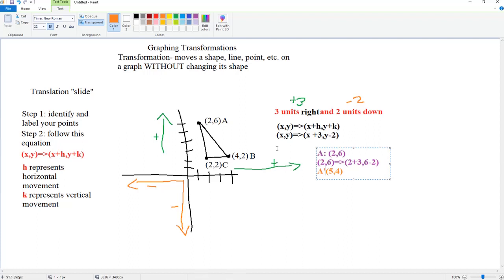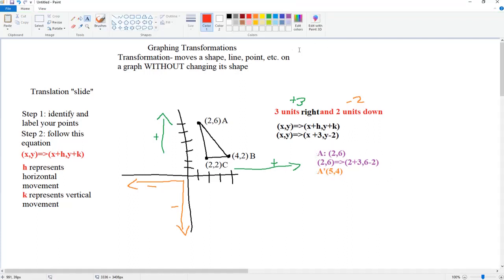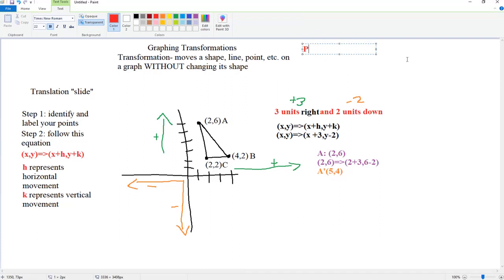Which by the way brings me to new vocabulary. The two new vocabulary words that you need to know are pre-image, which is the shape before any movement. So before you even do anything to it, this is what the shape looked like. And then you have the image, and I'll do that in a different color, blue. So the image is the shape after any movement.